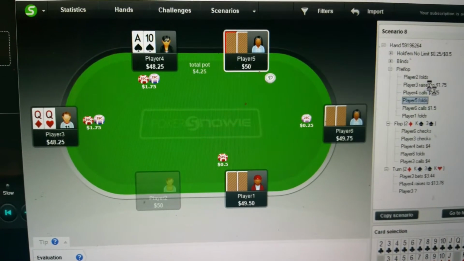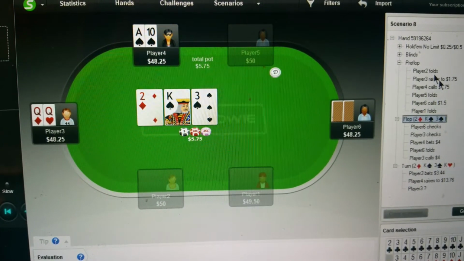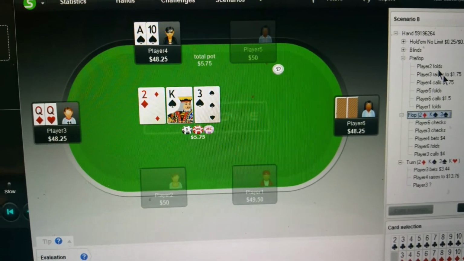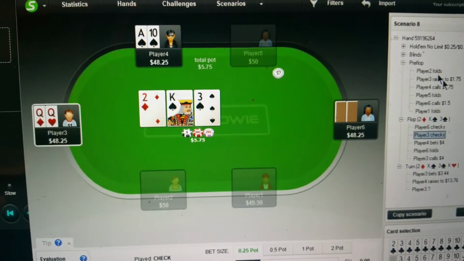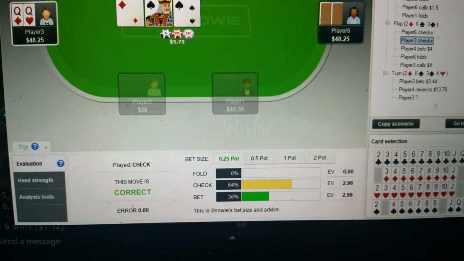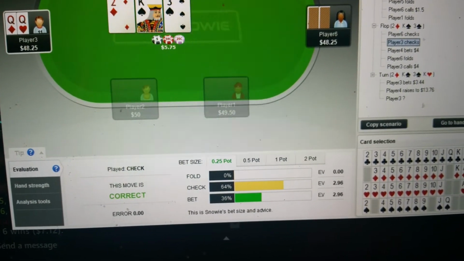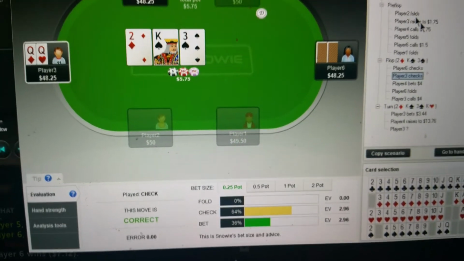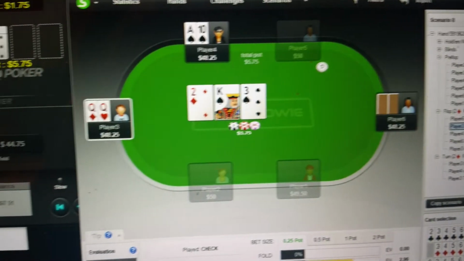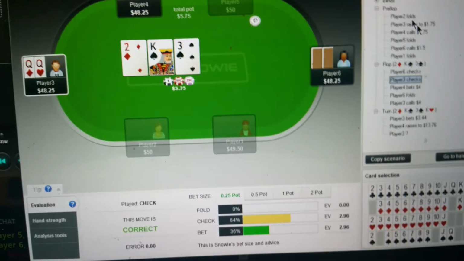For me to raise, they call, everybody calls. I get two callers and I get a check, and then here I'm supposed to bet quarter pot or call or check. So check is correct actually. But once the king comes on the turn, I'm supposed to bet quarter pot, which is interesting.